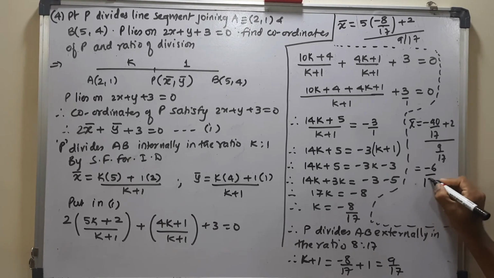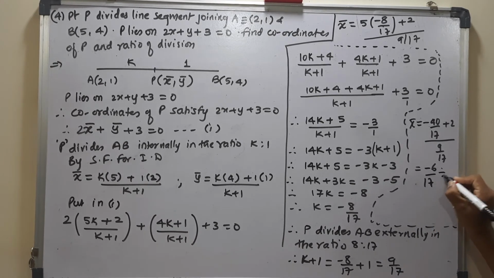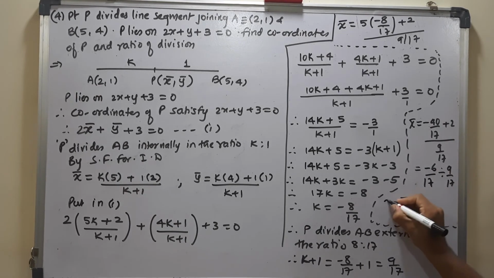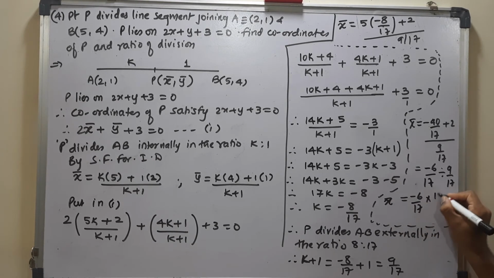Now I am running short of space. So here actually will come divided by 9 by 17. Okay, that much space I am having is 9 by 17. Okay, this is the main division. And when you convert it into multiplication, this goes up. That is, your x bar will become minus 6 by 17 into 17 by 9.